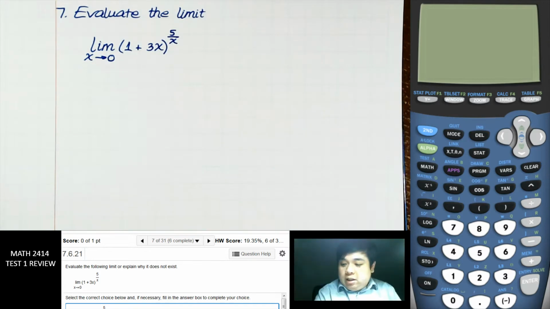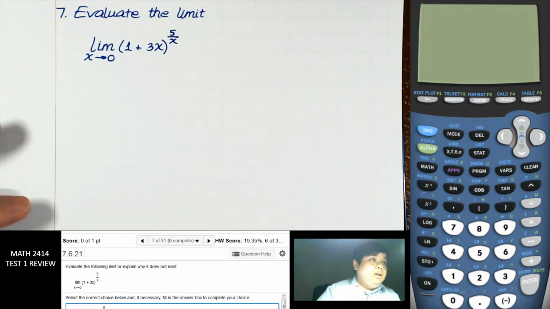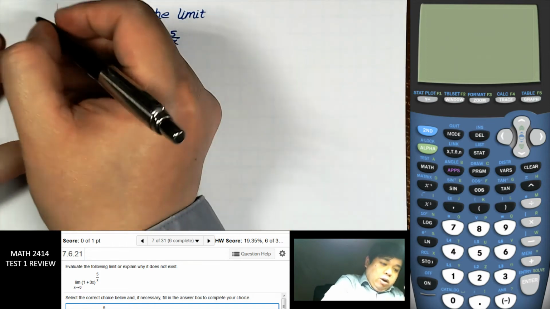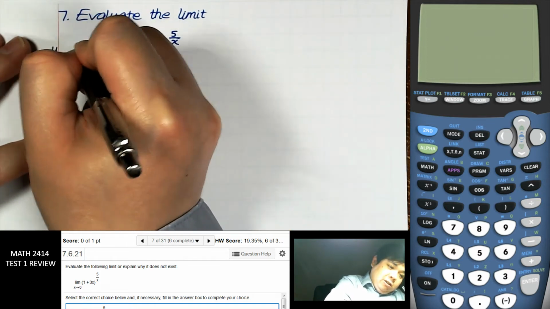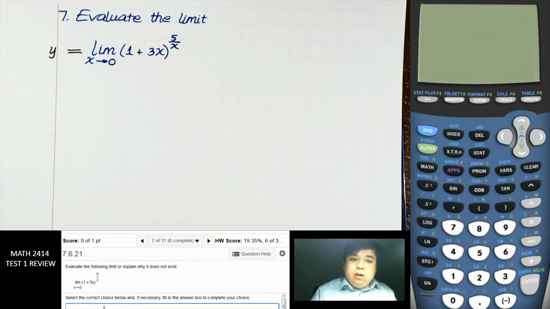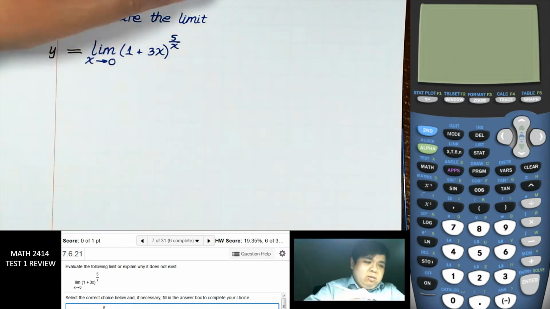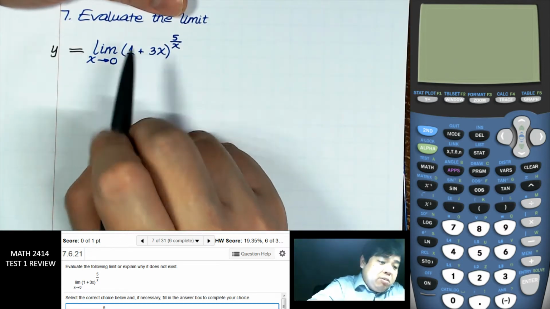We try to do that. First, let this equal y. First thing, when we find the limit, try to put in the numbers and see what happens.